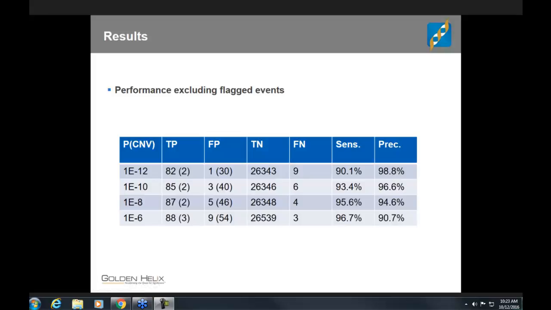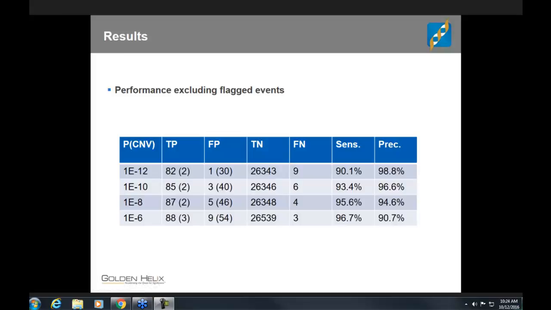We've eliminated 30 of the false positives that we had obtained previously prior to flagging these CNV events. And this trend continues throughout all of the various values for the prior probability, all the way up to 10 to the negative 6, where we had eliminated 54 false positives and are only obtaining 9 false positives.